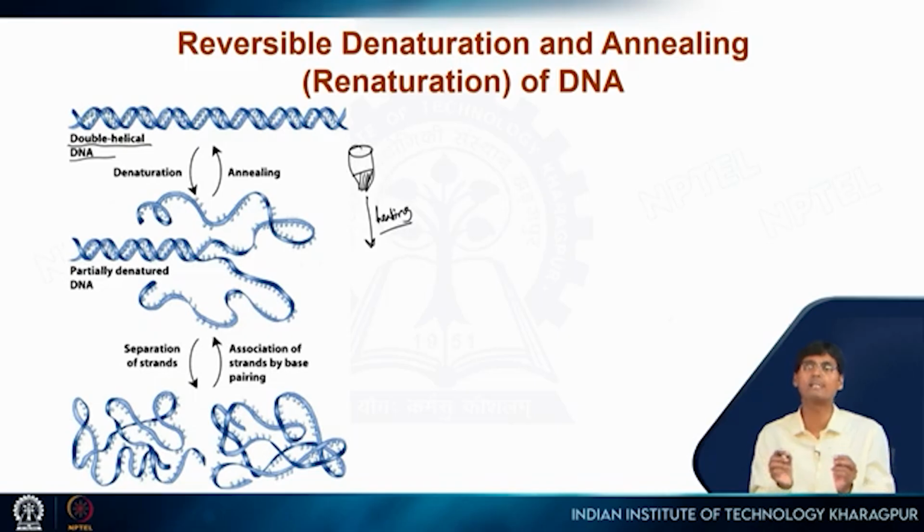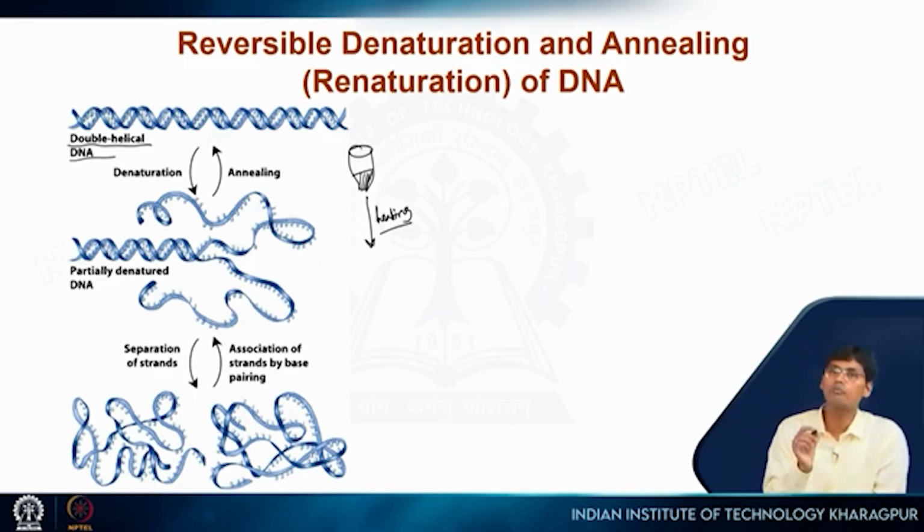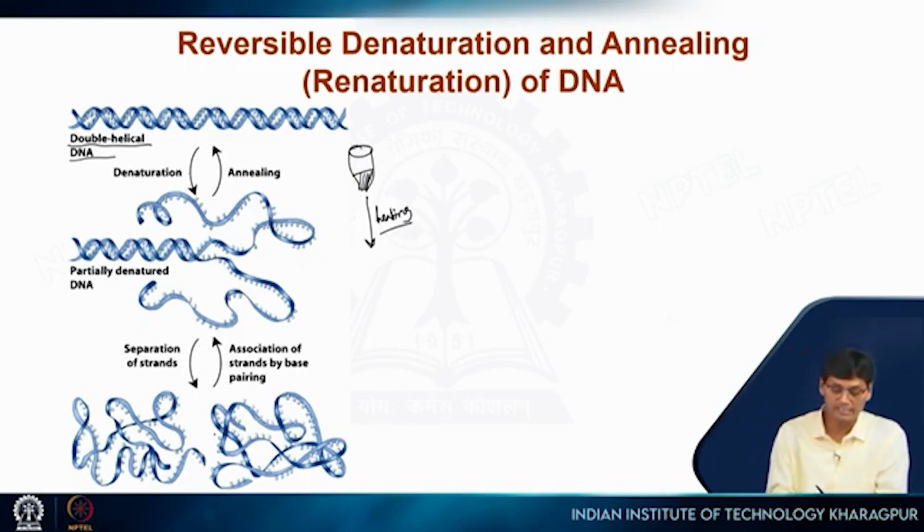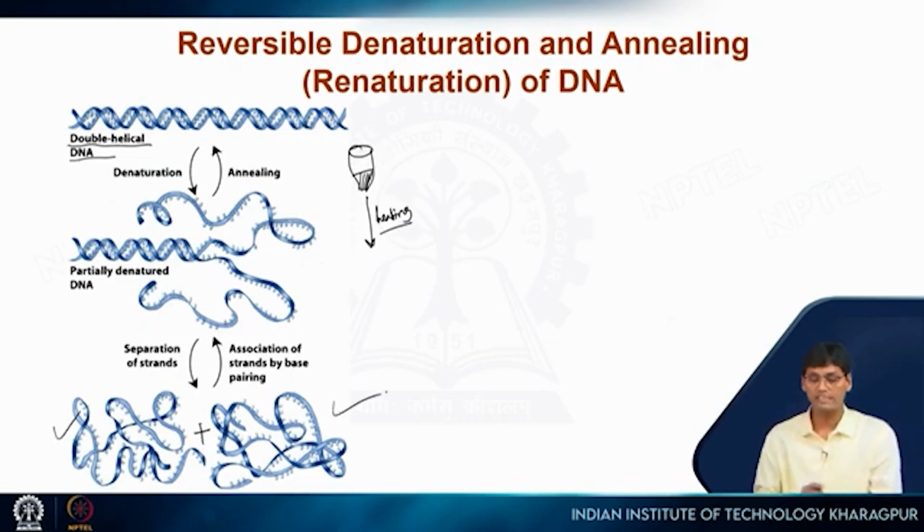They are non-covalent interactions. So whenever we are increasing the temperature of the solution, the hydrogen bonding will get loosened and they will be destroyed. And as a result of that, finally, you will get the single-stranded DNA, as you can see here. So this is called denaturation of DNA.